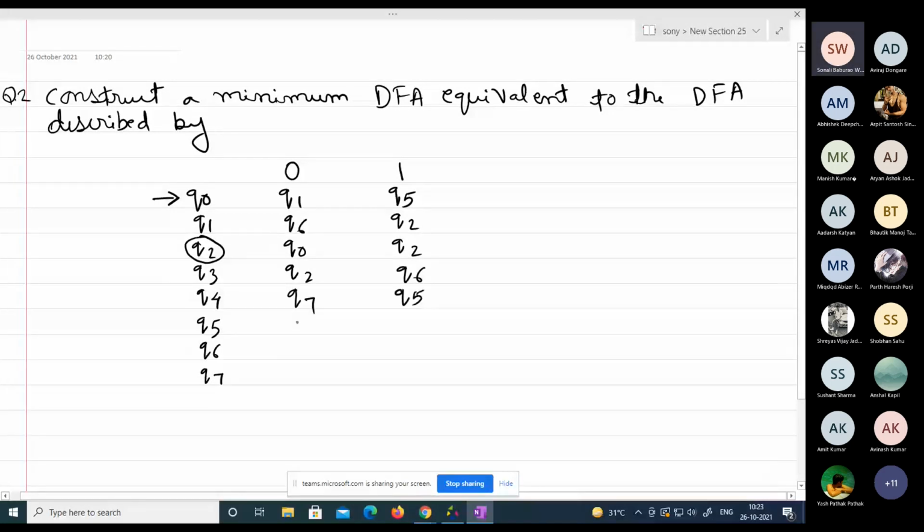You have 7 states here, Q0 to Q7. So just write down this transition table.